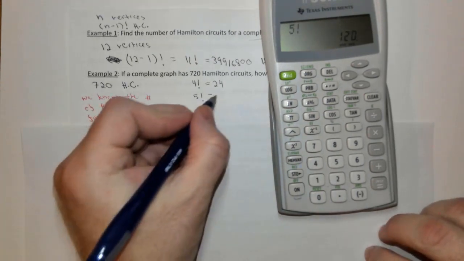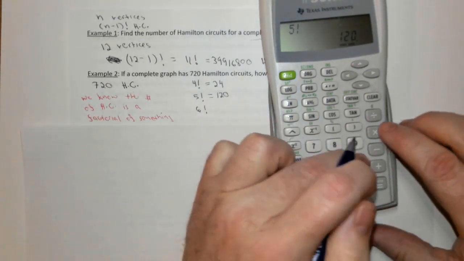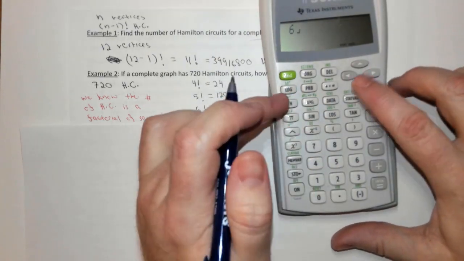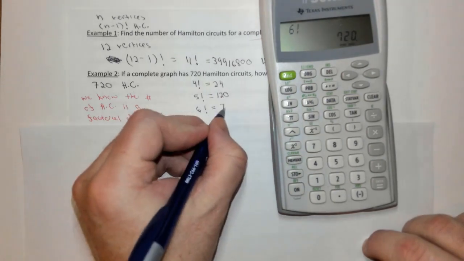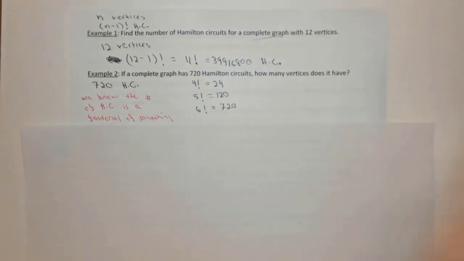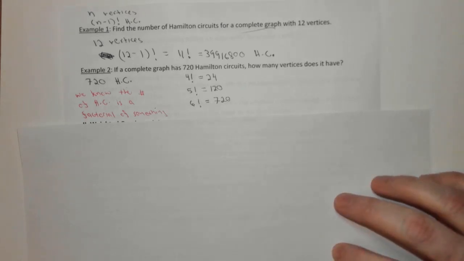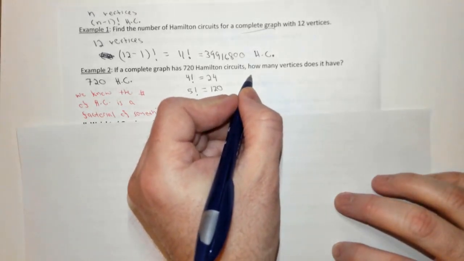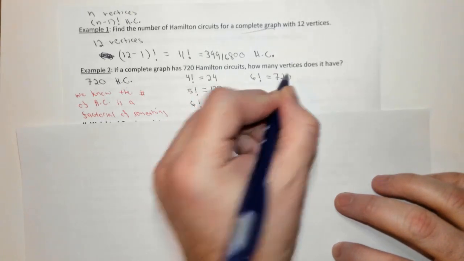That's 120. We're getting closer. Let's try 6 factorial. I don't know if it's going to work. Oh, there it is. 720 is 6 factorial. So let's figure this out. 6 factorial is 720.